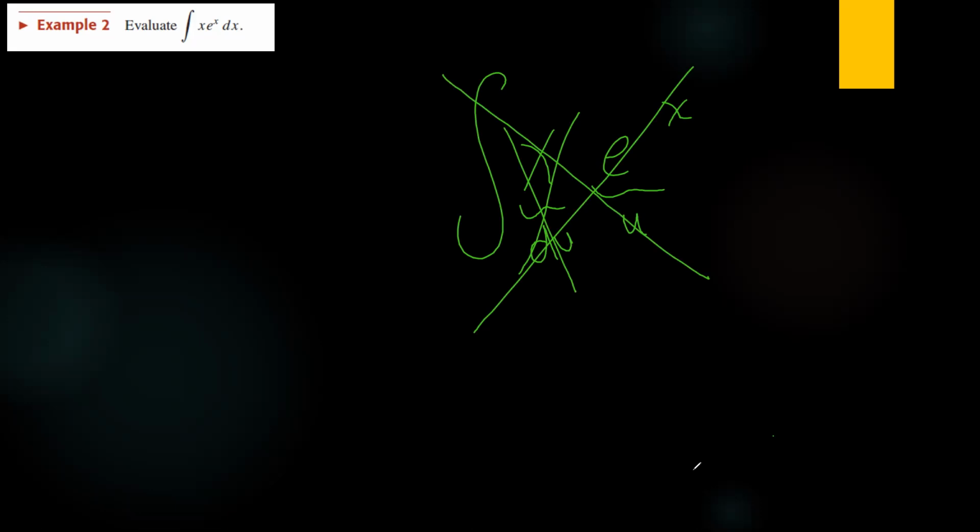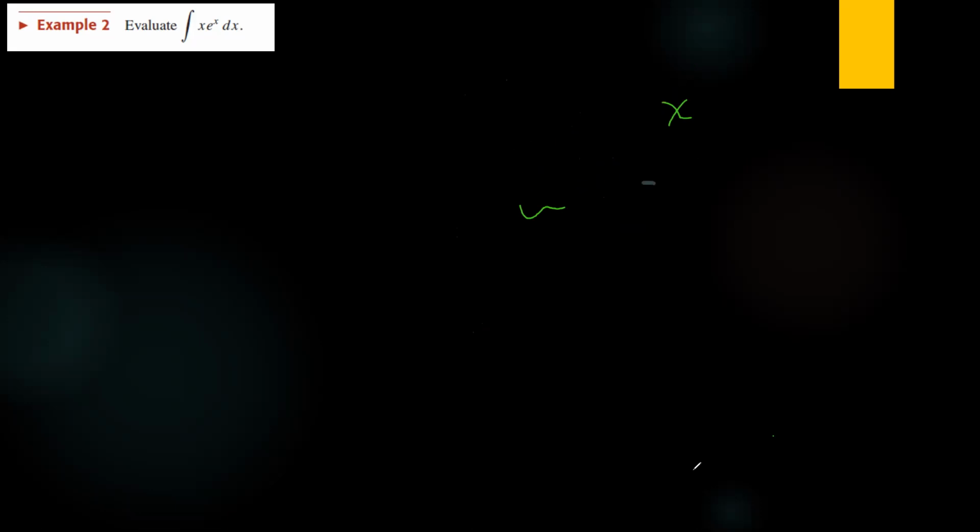I need now to go to the second type of integration, which is integration by parts. Because here I have a linear function with a natural exponential function. Two different types, so I need to use integration by parts.